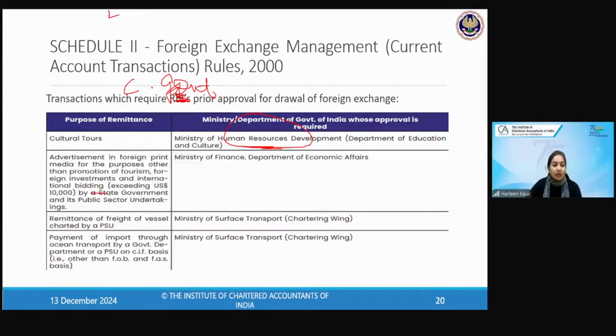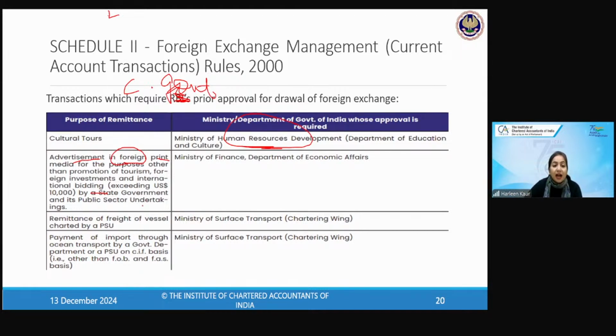Now, if you want to give any kind of advertisement in foreign print media, you're giving the advertisement in Indian print media, there is no problem. In foreign print media means written. If you're giving any audio video, that is exempt. There is no problem. If you're giving written print media, meaning newspapers, for the printing you're giving.